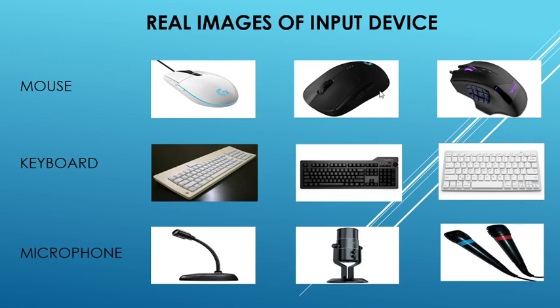So we call this mouse as a wireless mouse. And this particular mouse is generally used to play computer games. There are different type of buttons available. If you check other two mouse, these buttons perform some special function while playing the game smoothly. Likewise, we have different type of keyboards and microphone.